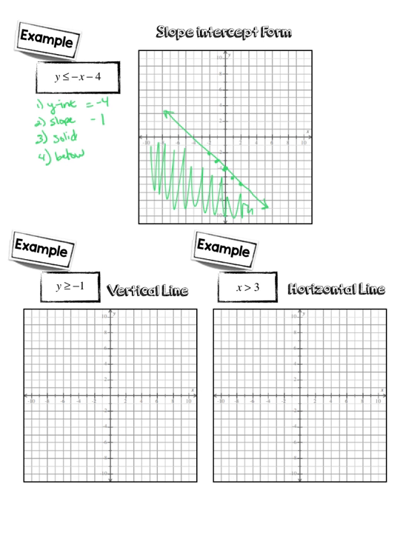If you're not sure if you're going to shade above or below, I like to use a test point. My test point is always 0, 0, because 0, 0 is easy. So let me show you what I'm going to do. I'm not sure. Did I shade it right?